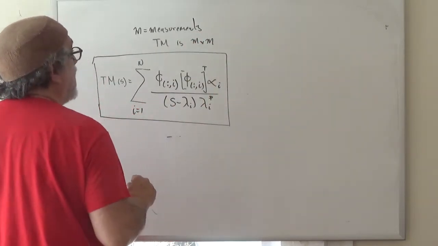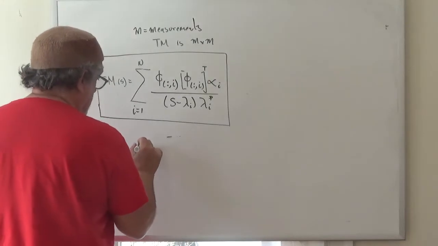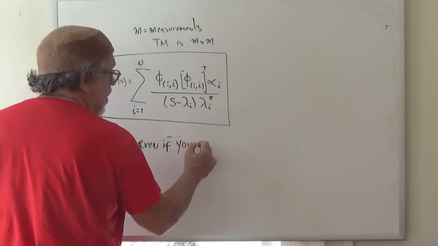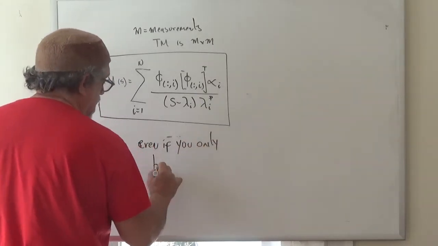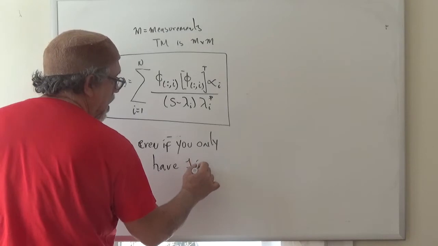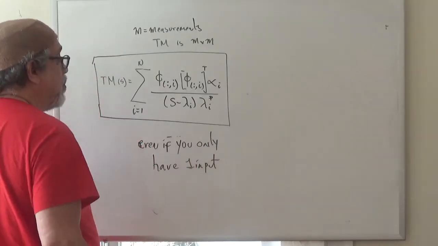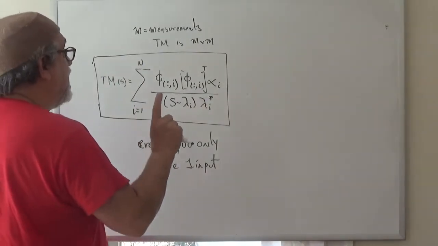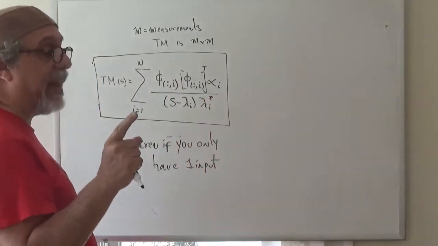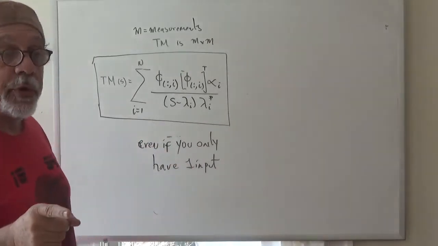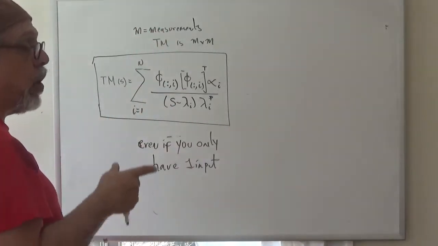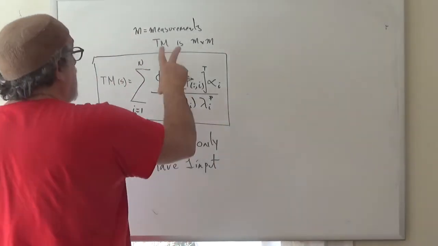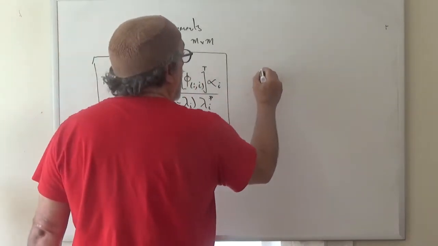Even though you might only have one input, and that's provided that that one input is placed in a position where there is an output, because that's the only way that we know that one column twice.